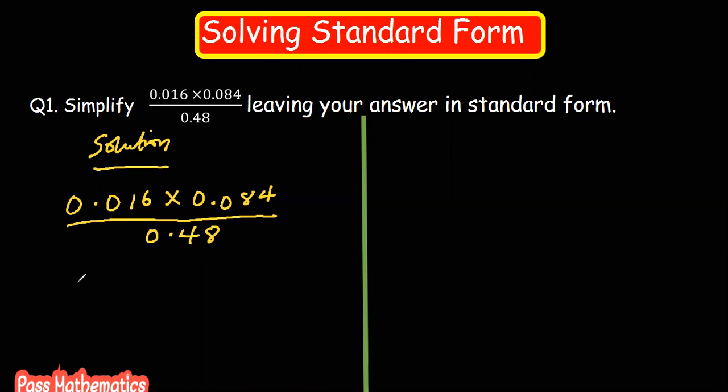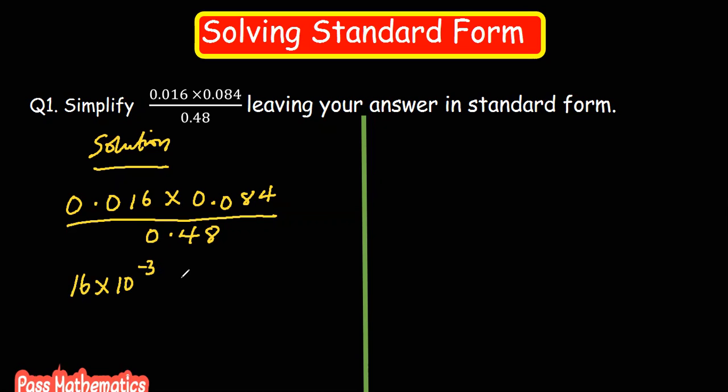So we are going to have 16 times 10 raised to the power of minus 3, because we have 3 digits after the decimal point. If you want to count by shifting it to the right, 1, 2, 3, taking the decimal point out.